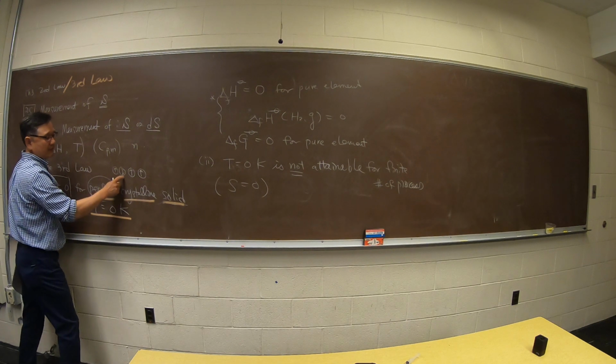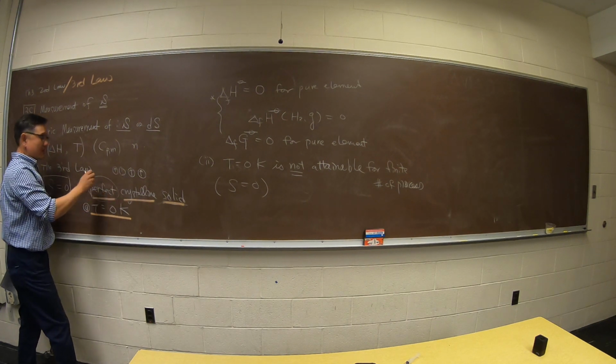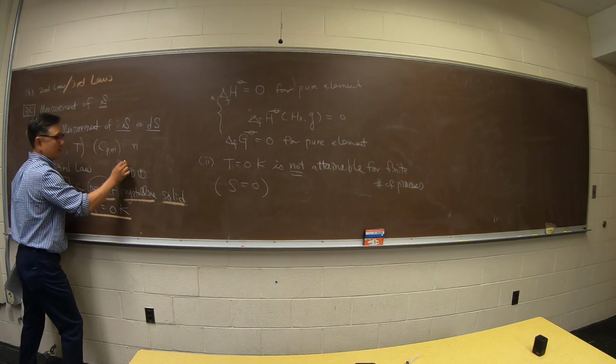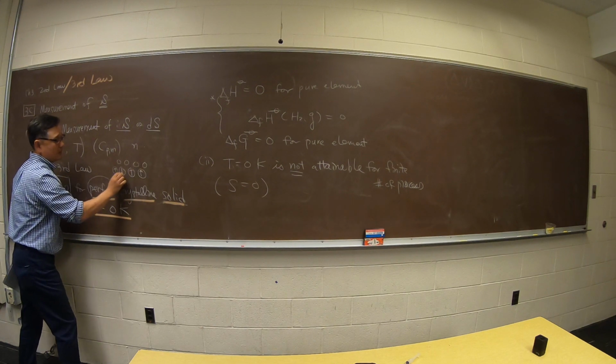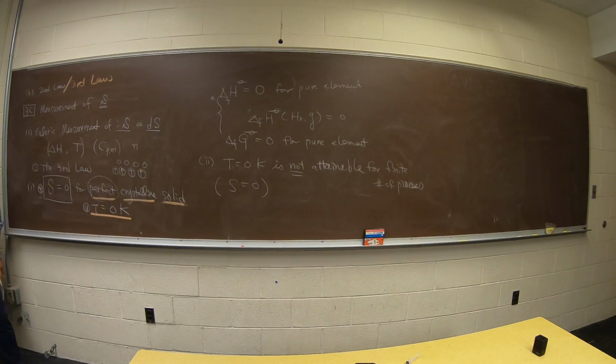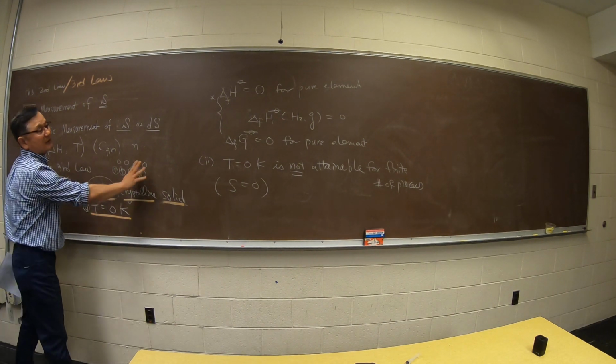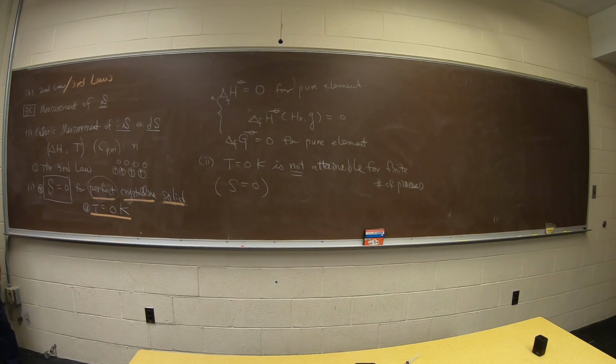So this is the fine print: we can locate all the atoms in a regular lattice, but if there's an electron spin, they all have to be paired up perfectly. This is impossible to attain as far as our human experience is concerned. So this is the third law statement.